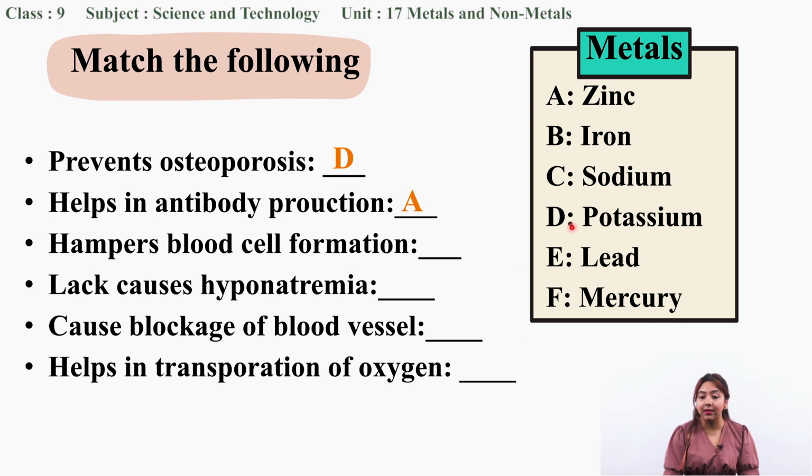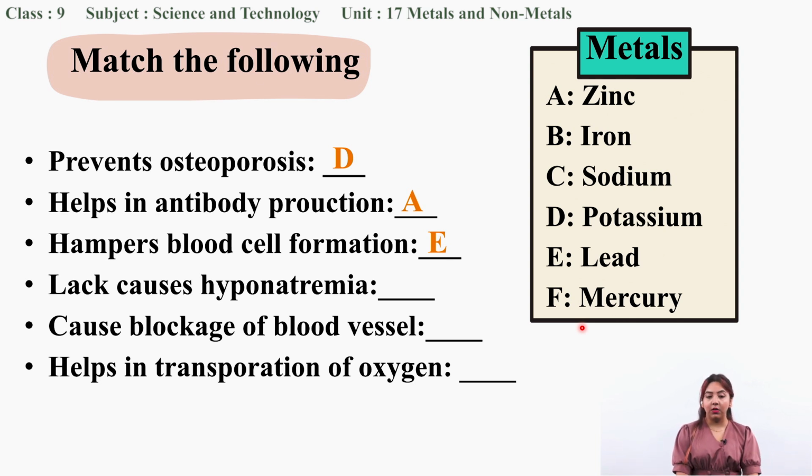Yes, it's lead, because lead gets deposited inside the bone, and the bone has bone marrow inside it, and the bone marrow forms new blood cells. If lead is there, it hampers the bone marrow, hence hampering the blood cell formation process. So lead hampers blood cell formation.